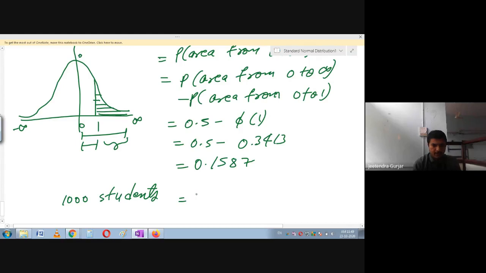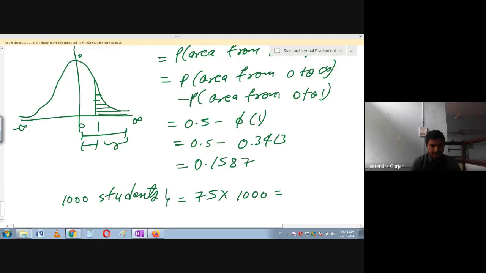if you just simplify, you will get like this: 0.1587 into 1000. So for marks scored, how much will it be? Just calculate. Yes, Arshada, are you there?